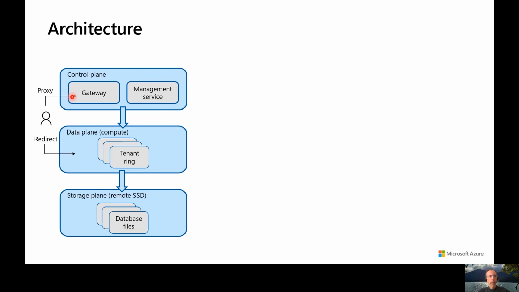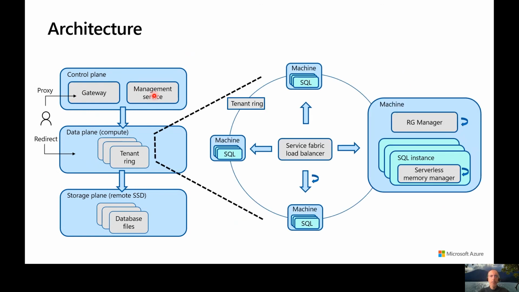Then on a subsequent connection attempt, the gateway will authenticate the client and then pass control over to the management service, which works in cooperation with the service fabric to identify a machine, well, a ring, and then a machine within a ring that has sufficient capacity to relaunch that serverless SQL instance.